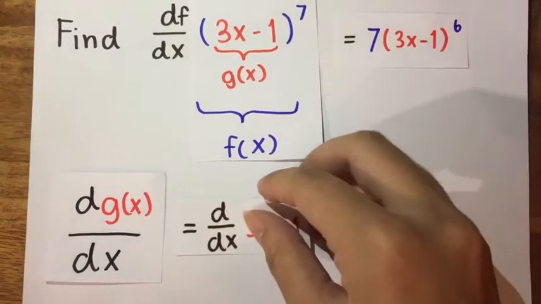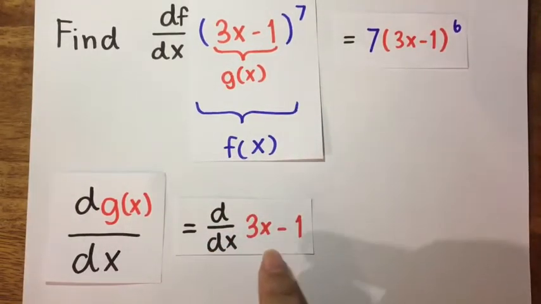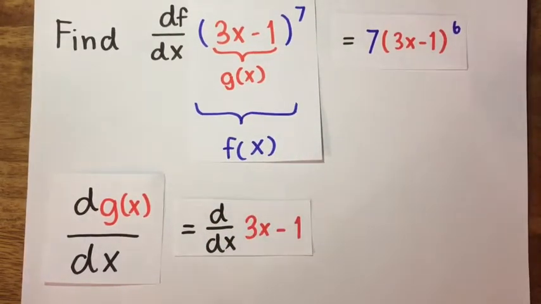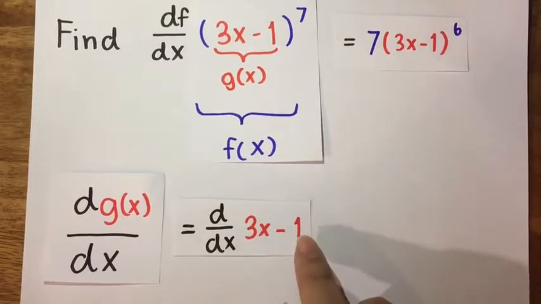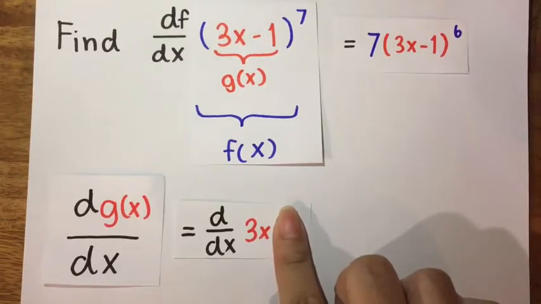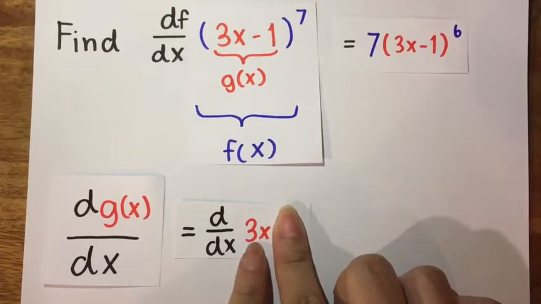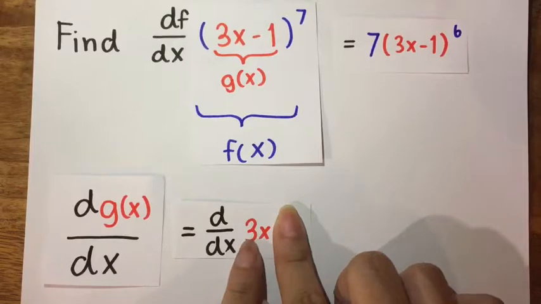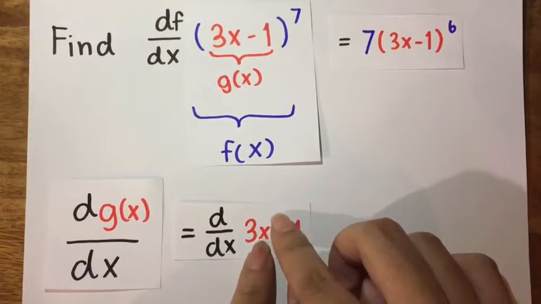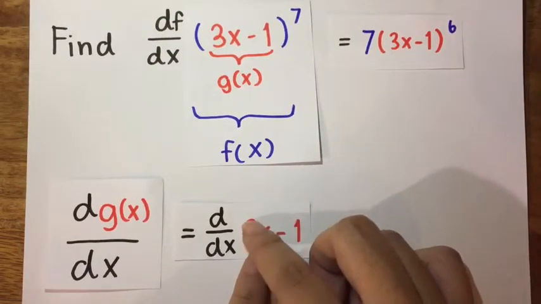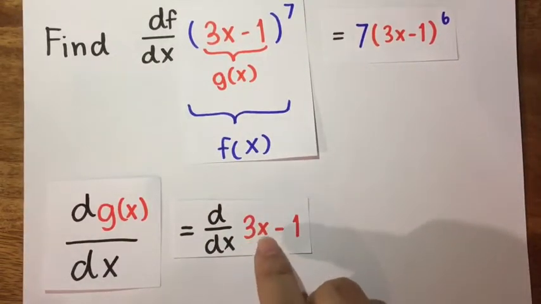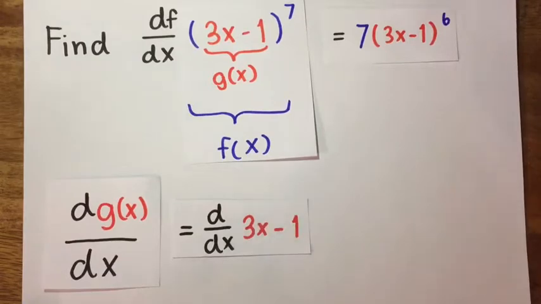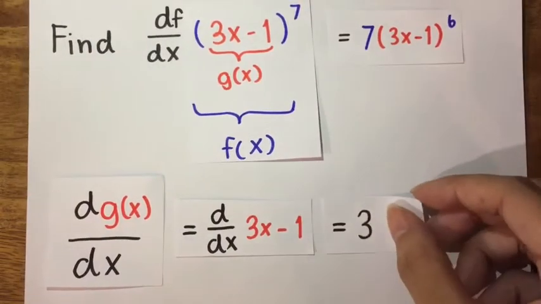So we are going to derive 3x minus 1. The 1 is a constant, so it gives you 0. So this is a 0, so you are going to derive 3x. So 3x, so this is like x to the power of 1. So 1 times to the constant in front, which is 3, will give you 3, and x to the power of 0 is 1. So this will give you an answer of 3.